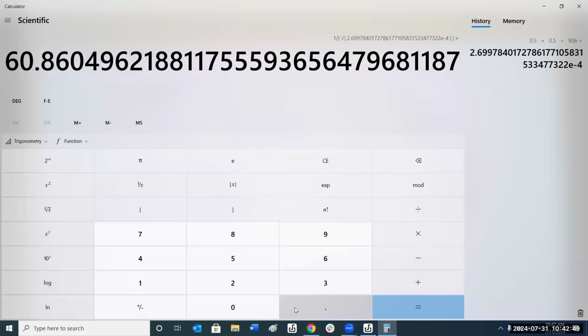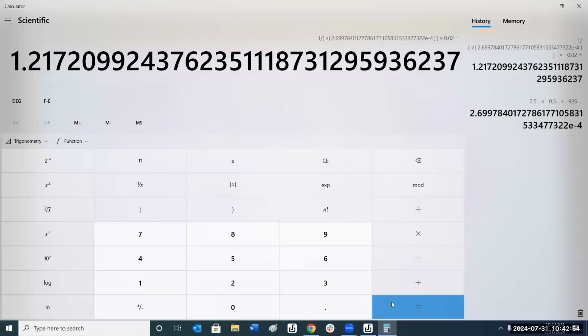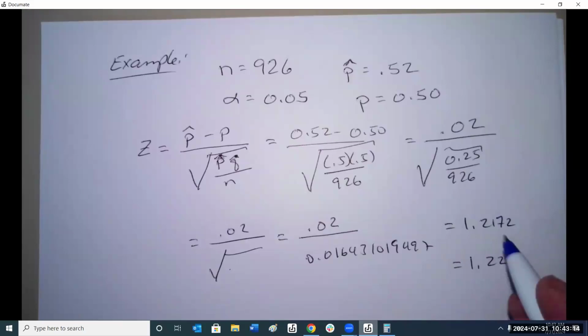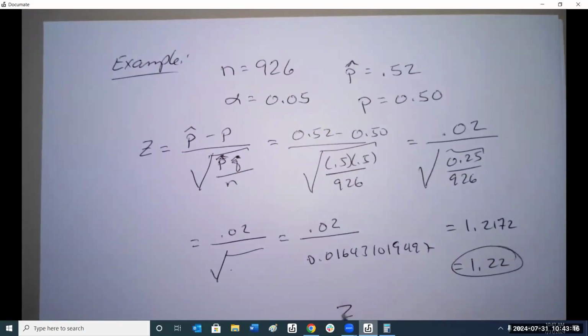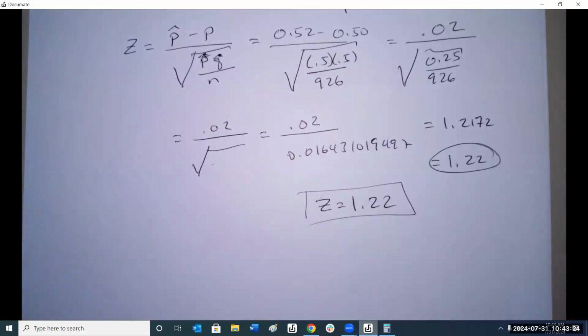We get 1.2172, which rounded to two decimal places is 1.22. So my z value is 1.22. That's my test value.